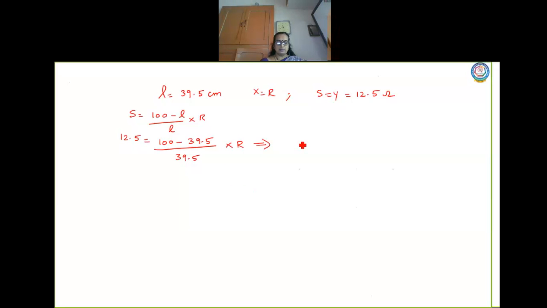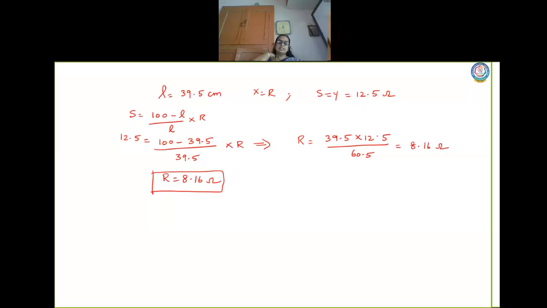R will be equal to 39.5 into 12.5 divided by 100 minus 39.5, which is 60.5. When I simplify this, I have the value of the resistance to be 8.16 ohm. So this is the value of the unknown resistance.